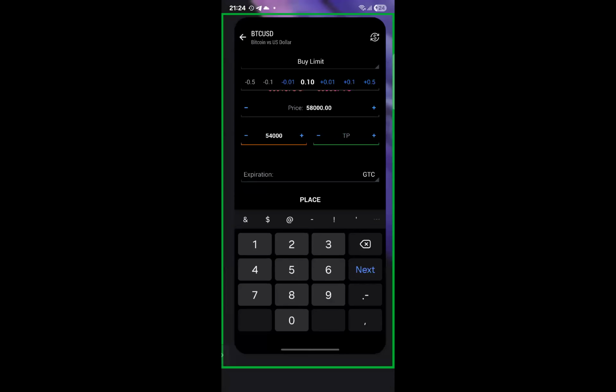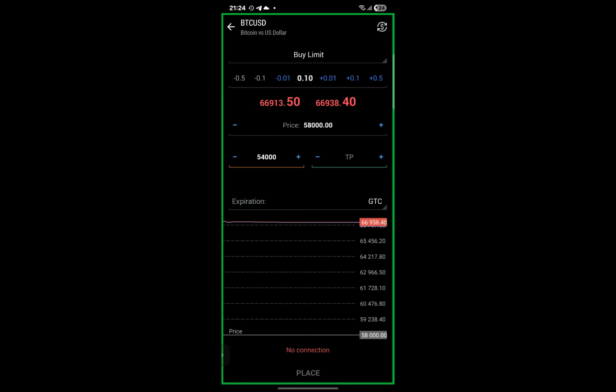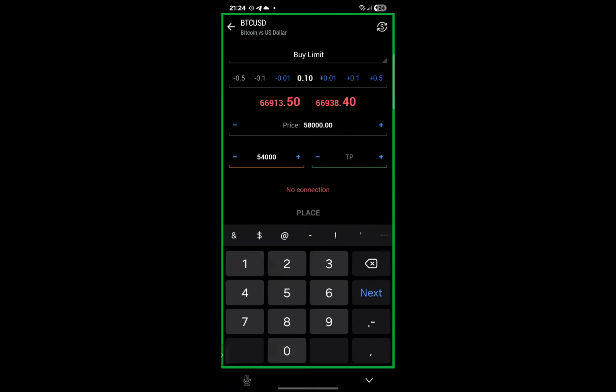Then our TP1 price is 60,000. So put 60,000 here. You can use TP1 if you want to use TP1. And boom. All I have to do after this is place.